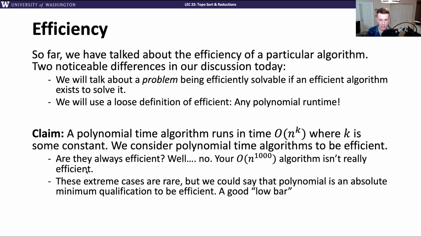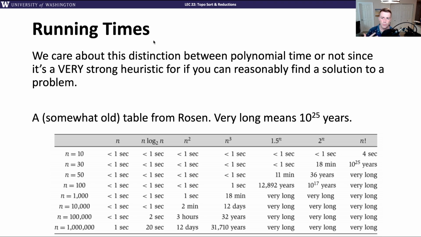To make that a little bit more concrete, this is a table from a very popular textbook that shows running times for various operations based on the running time. And you can see for most of our running times, n log n, n squared, n cubed, it's usually less than a second.